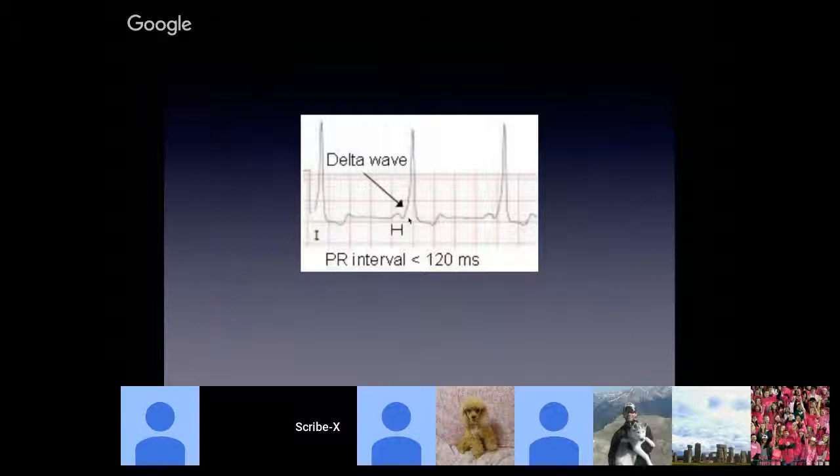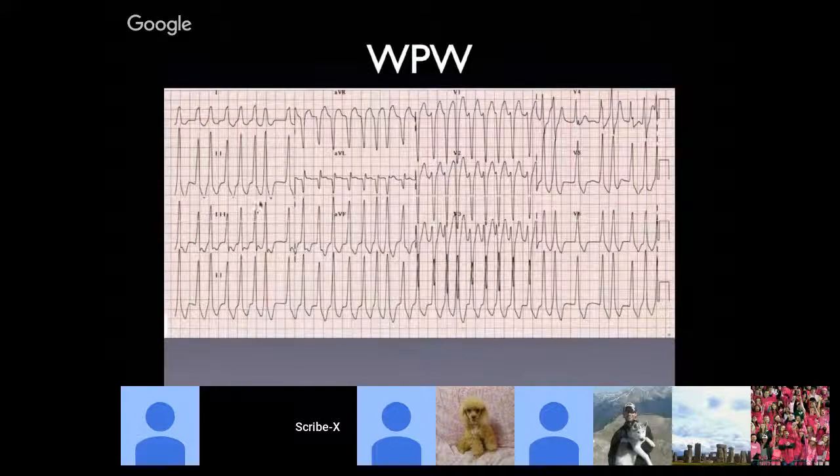The AV node isn't doing its job, stopping the signal, processing the signal, and then sending it down those Purkinje fibers. So this is what's known as WPW, and it can degenerate into this type of problem if you're unlucky.